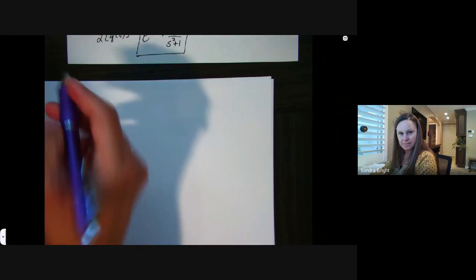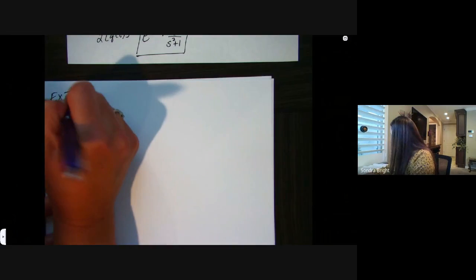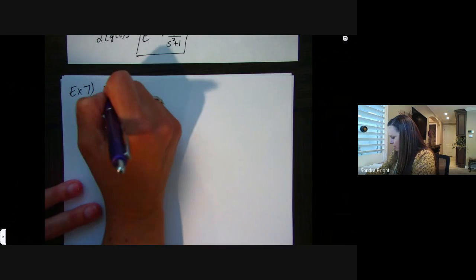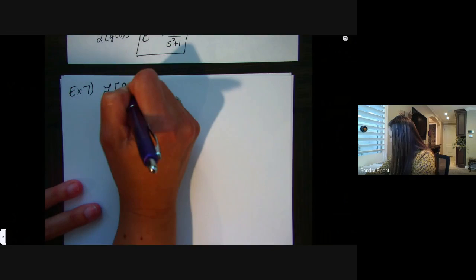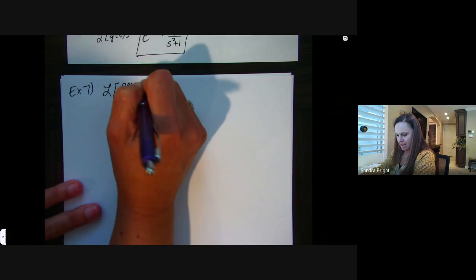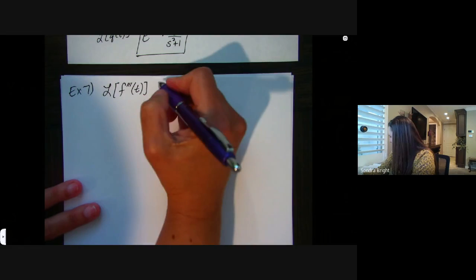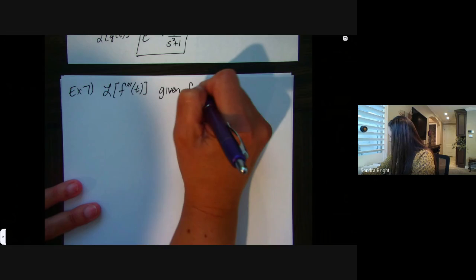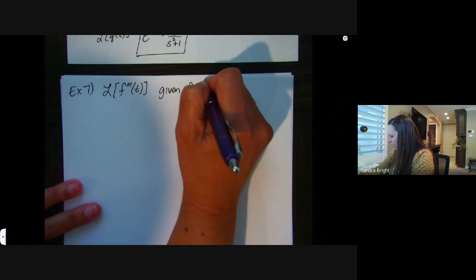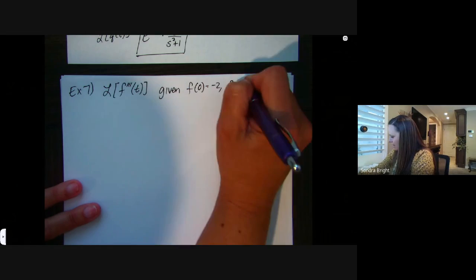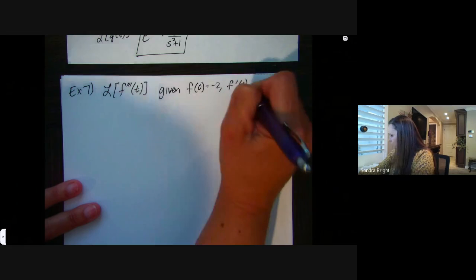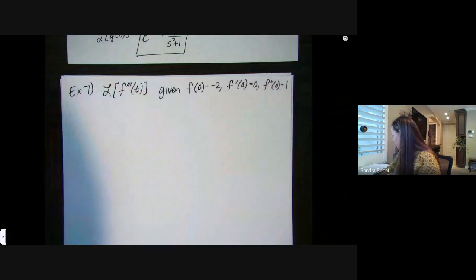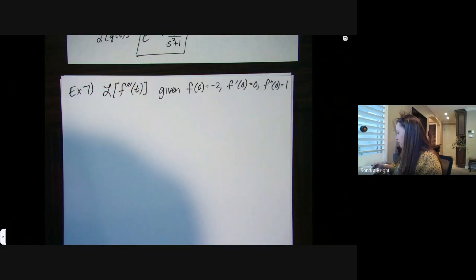And that is to find the Laplace transform of the third derivative of f of t, given that f of 0 is -2, f prime of 0 is 0, and the second derivative at 0 is 1. Okay, so here we go. We're going to use property f.